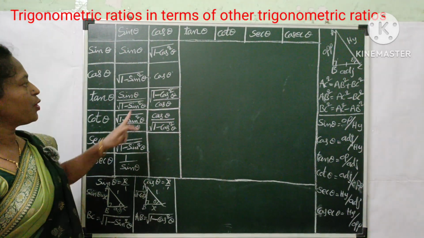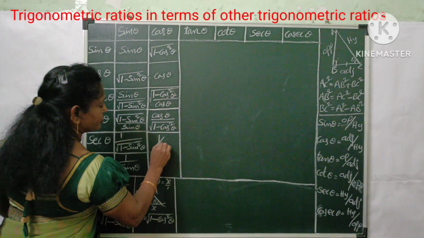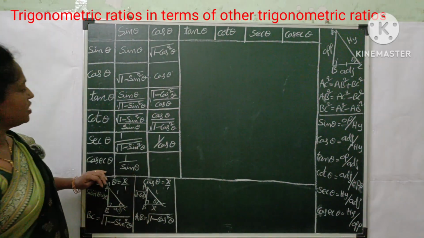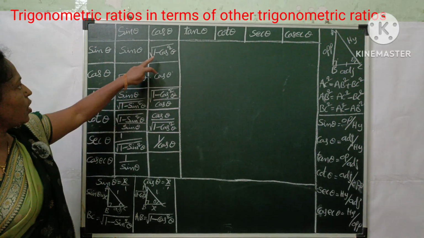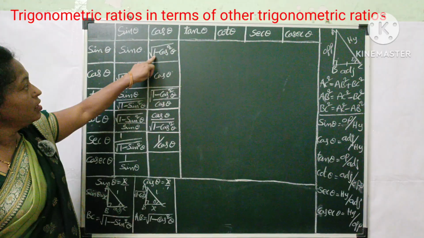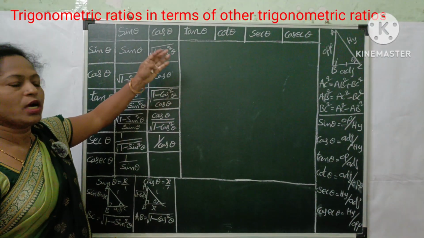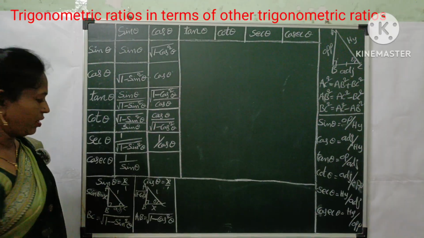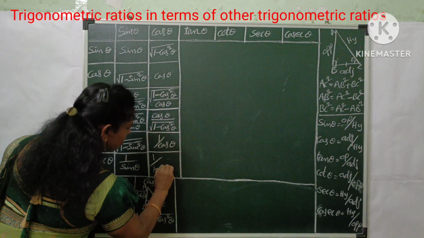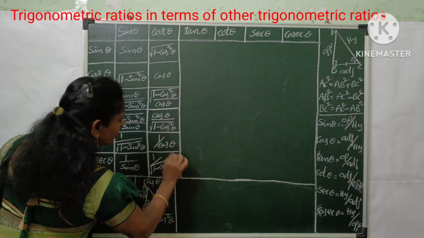Secant theta is a reciprocal of cos, means 1 by cos. Cosecant theta, cosecant is reciprocal of sine. Reciprocal of sine means here square root of 1 minus cos square theta by 1, its reciprocal is 1 by square root of 1 minus cos square theta.